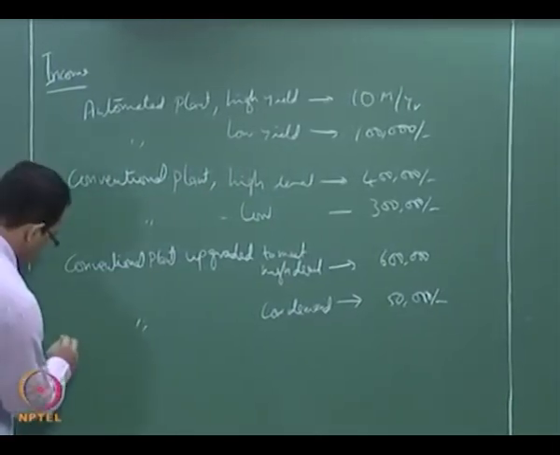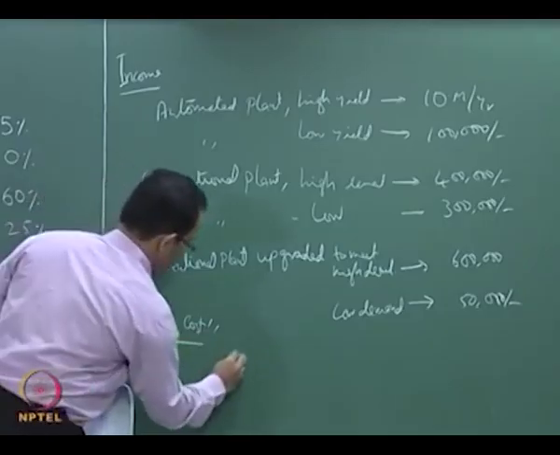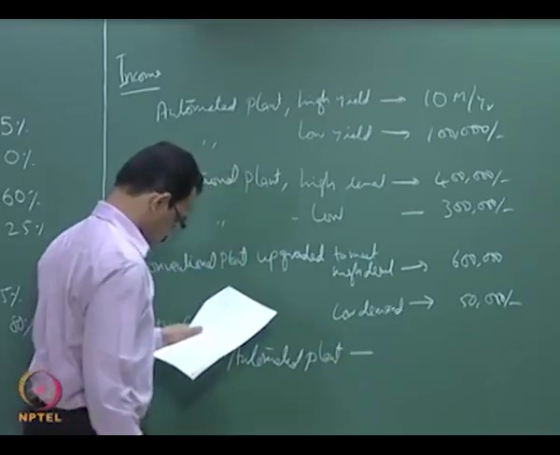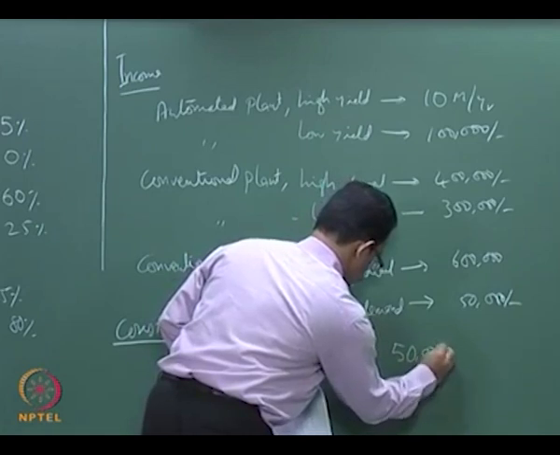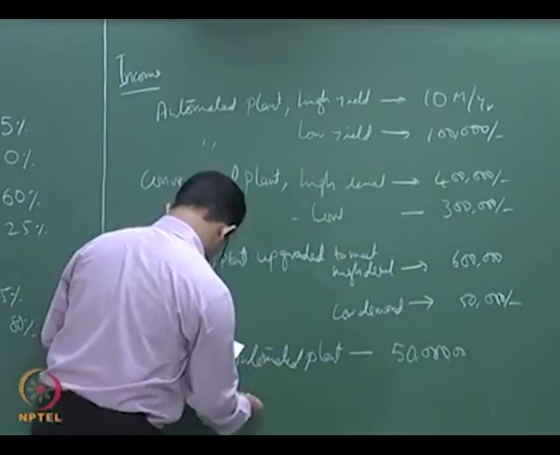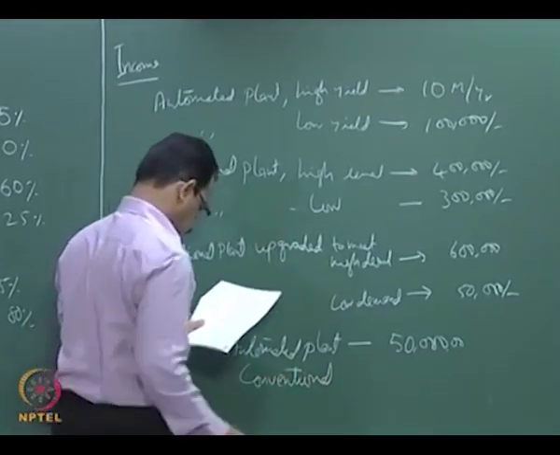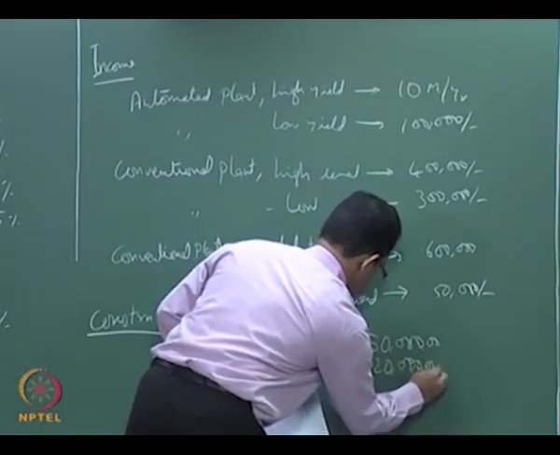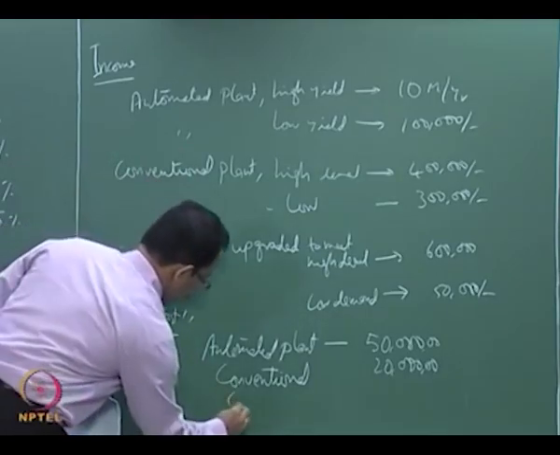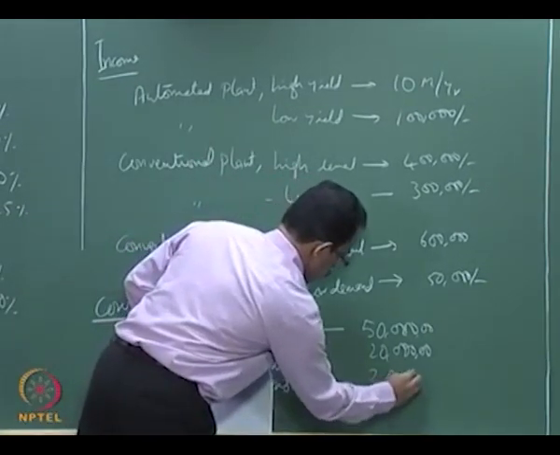And then the construction cost. This is the revenue, and the construction cost of an automated plant will be $50 million, then conventional will be 20, and if you want to automate after 2 years, that is conversion or upgrading of the conventional plant, again it will be another 20 million.